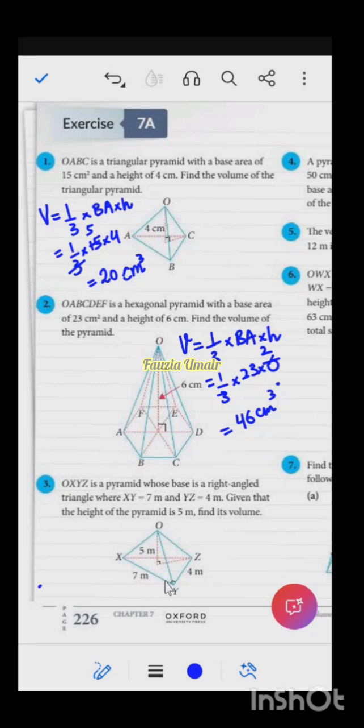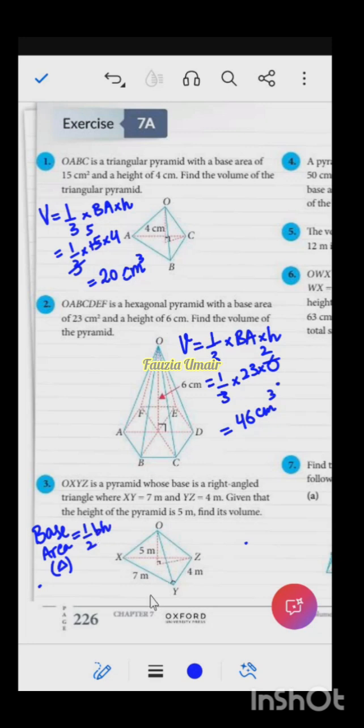The base is a triangle. So first, what will we find? We will find the base area. Since the base is a triangle, we will use the formula of a triangle: the base area is half base into height.